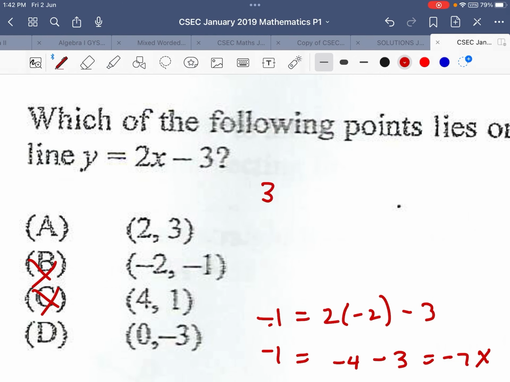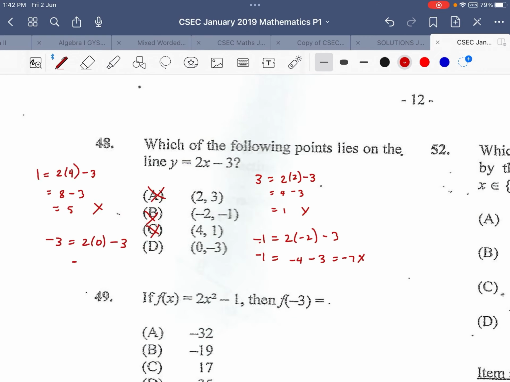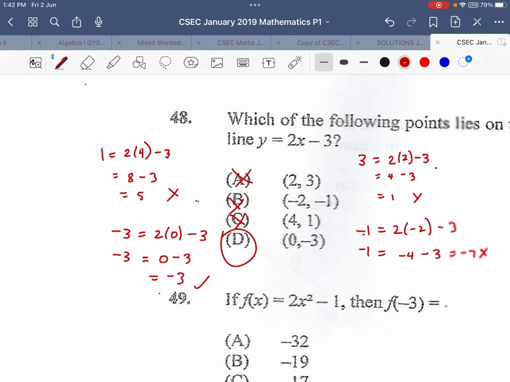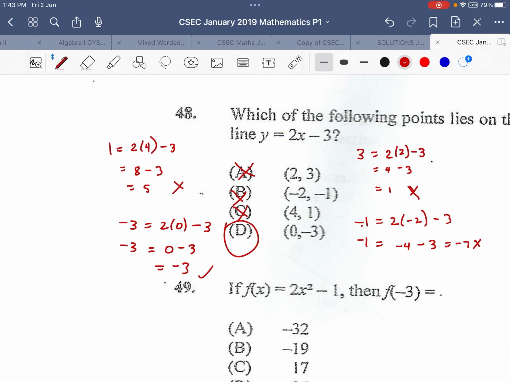Right, so I put in for A, you should have 2 times 2, which is 4 minus 3, which is 1. So A is not it either. But when we check D, we have minus 3 is 0 minus 3, and that's true. So D is the answer. A is not the answer. Okay.